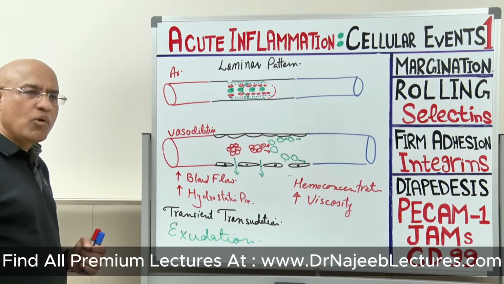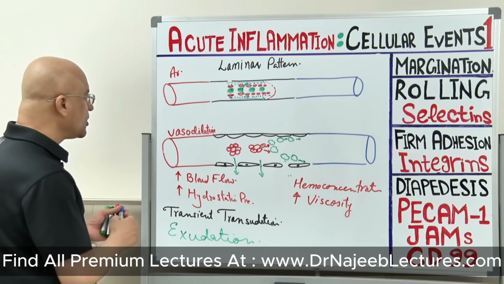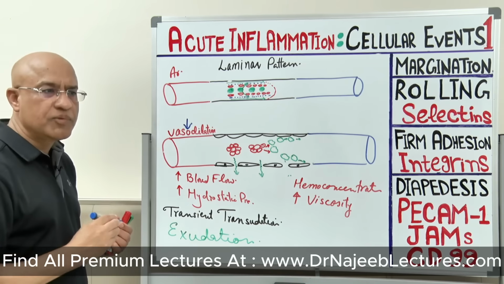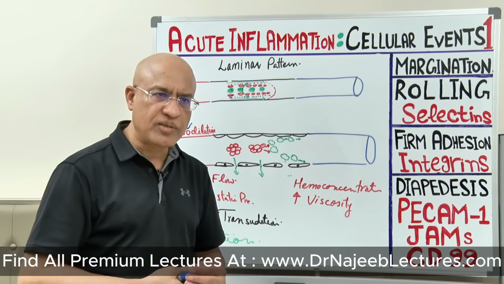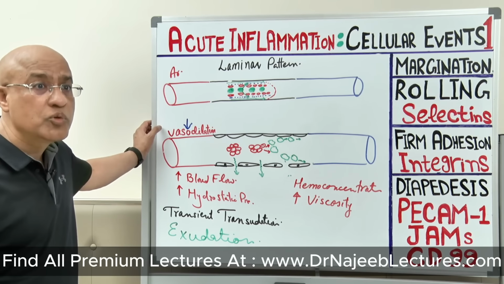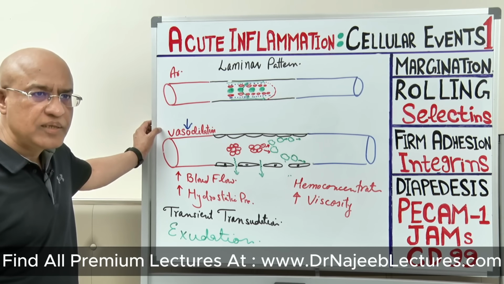Do you remember what are the different types of chemical mediators which induce vasodilation? Let me tell you a few chemical mediators which are produced at the site of injury and induce vasodilation. Number one is histamine.